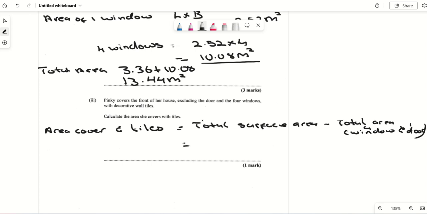So we know the total surface area that we found above was 119.6 minus 13.44, which would be equal to 106.16 meters squared, and that would be your answer for this.